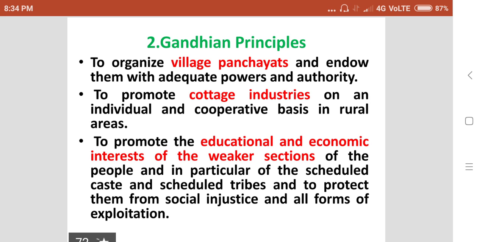So, in this class, let us discuss the Gandhian principles, which is the second classification of directive principles.